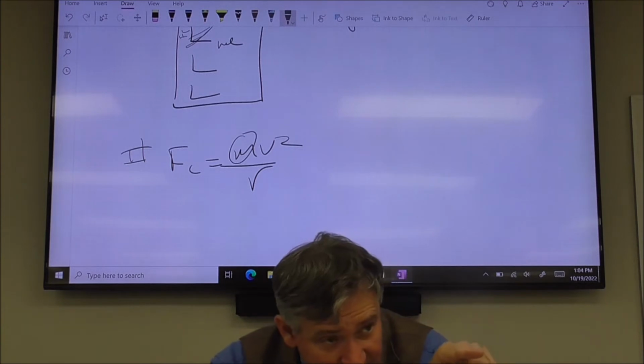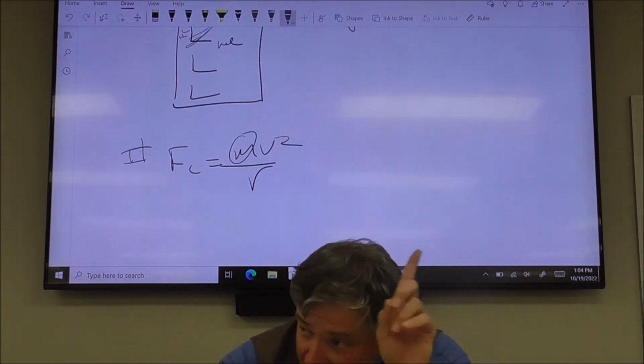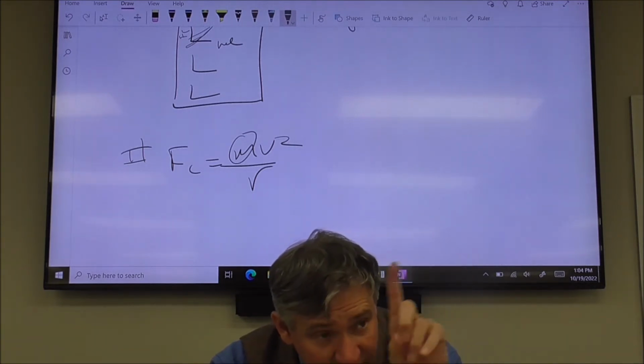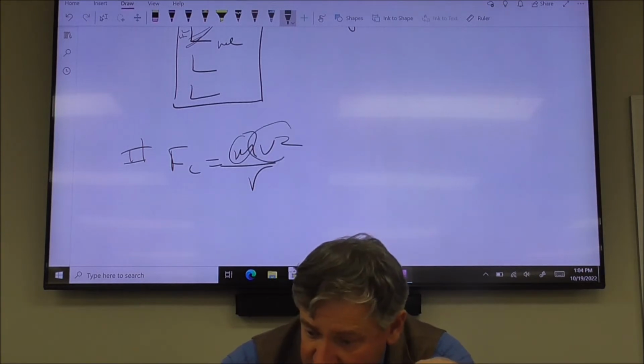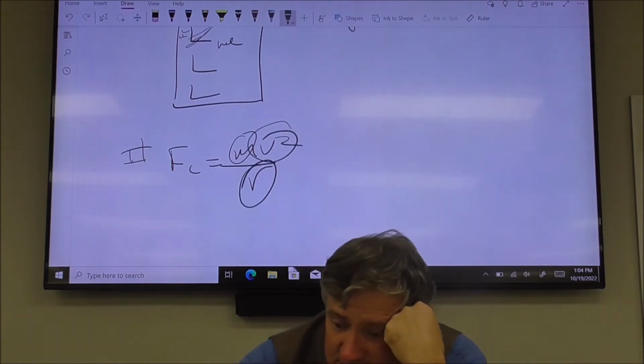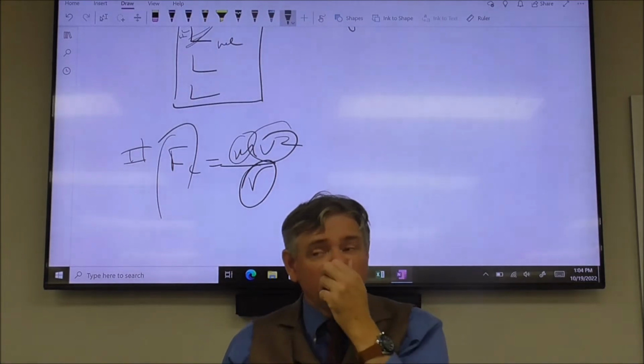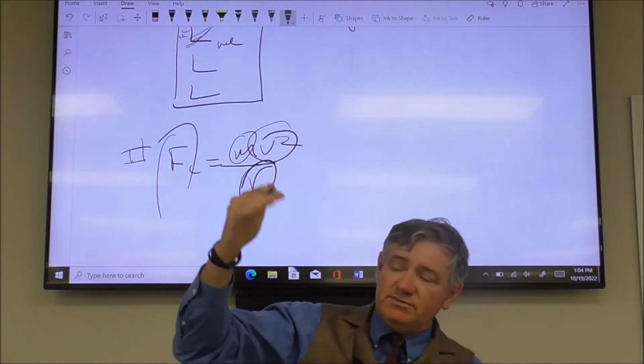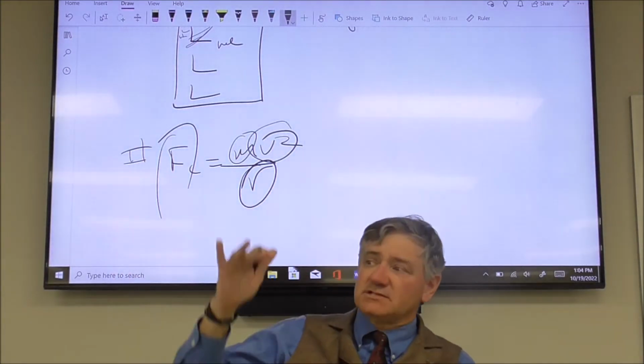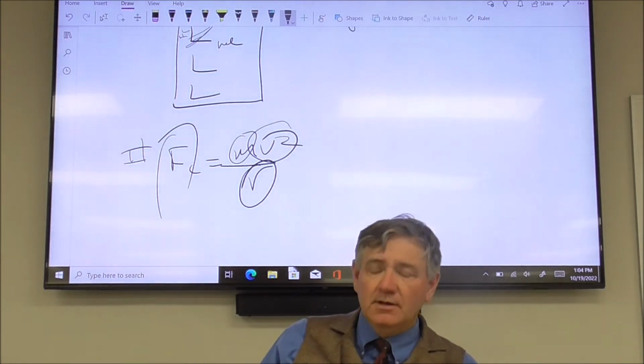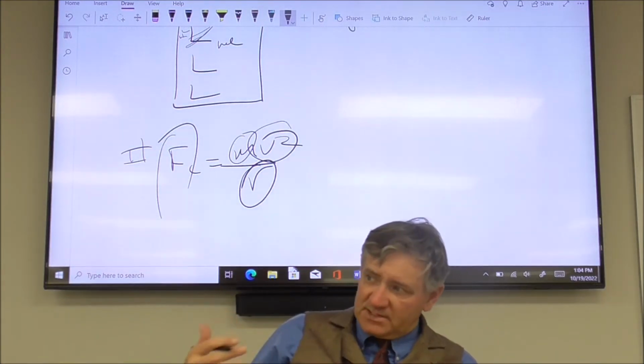You know the mass of the stopper. You know your velocity, because you knew the circumference and the period. And you know the radius. So you calculate centripetal force using your data. That's going to be our experimental value.